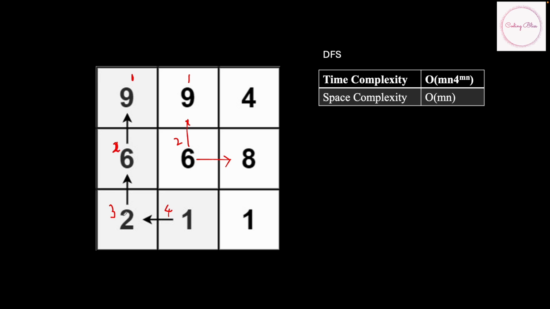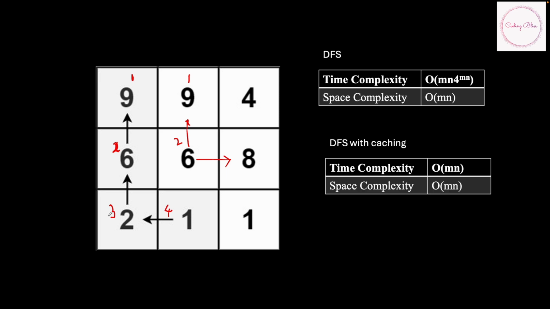And same way, when we come to 1 and we move this way, we don't need to go through this entire path. Instead, we can cache the value of 2, so that for this path it's just like 1 plus 3. If you do it that way using caching, that will bring our time complexity to order of mn, because at each point we'll just cache and keep moving forward, and the space complexity will be order of mn.